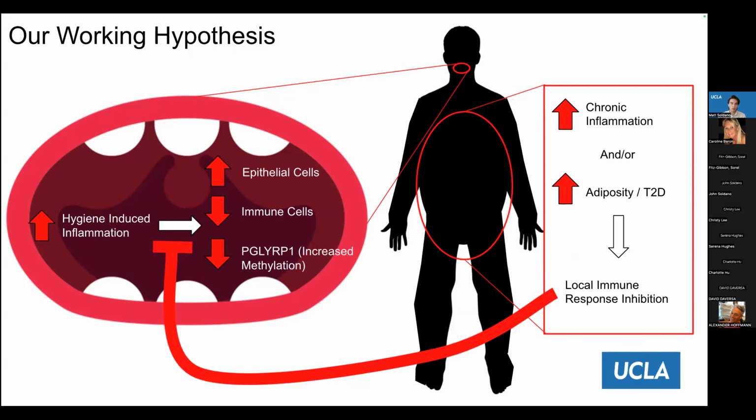So there must be some association and connection here with adiposity and the methylation of this region and general inflammation. Because on a similar vein as type 2 diabetes, where chronic high glucose will reduce the insulin sensitivity, maybe something's going on here where with the chronic low-grade inflammation from the adiposity, you also see a decreased sensitization for the PGLYRP1 and having it be expressed in response to local inflammation.